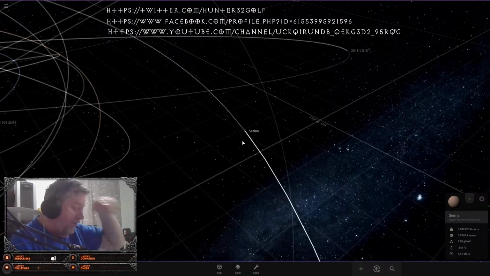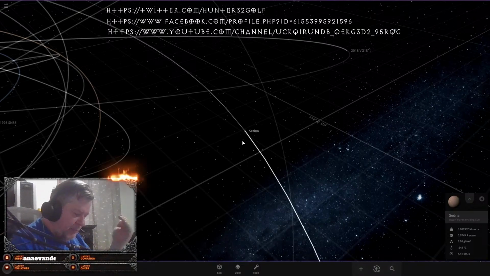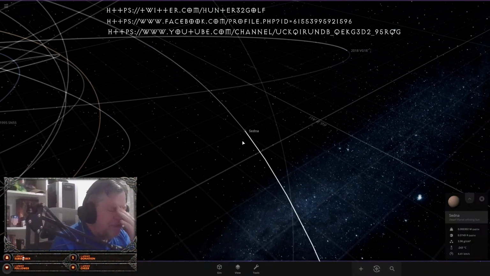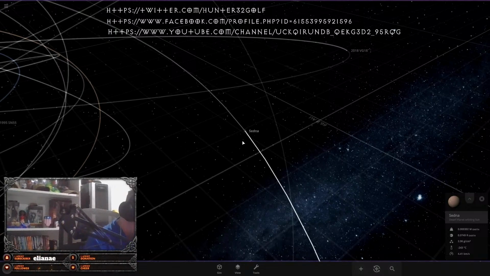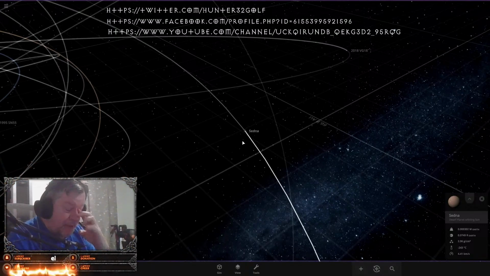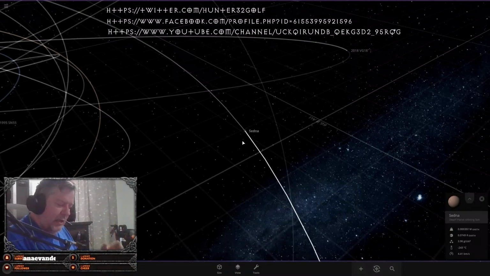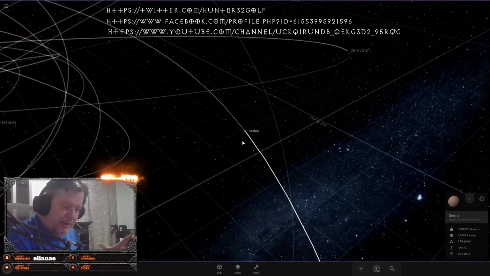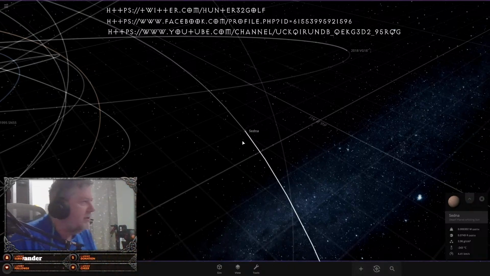And at its furthest point, it's about 937 astronomical units. Now, I'm going to come back to this because it's just literally insane, the distances of this.